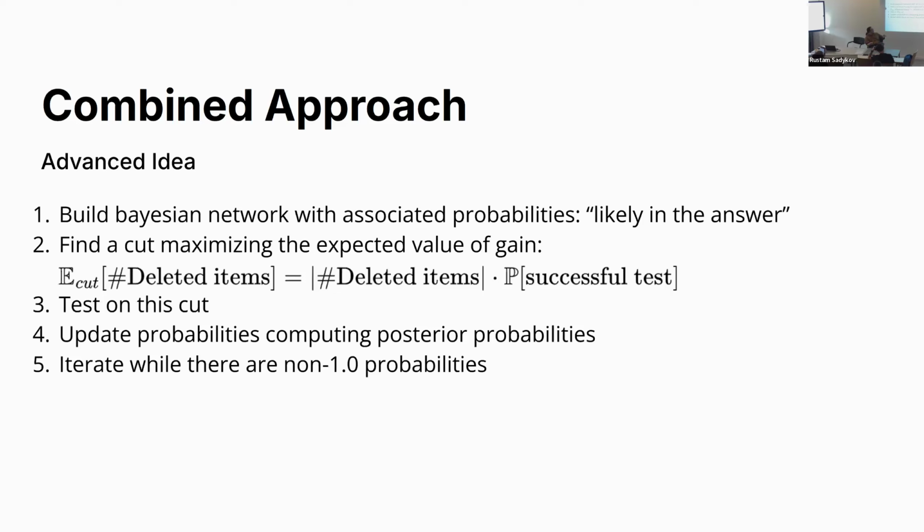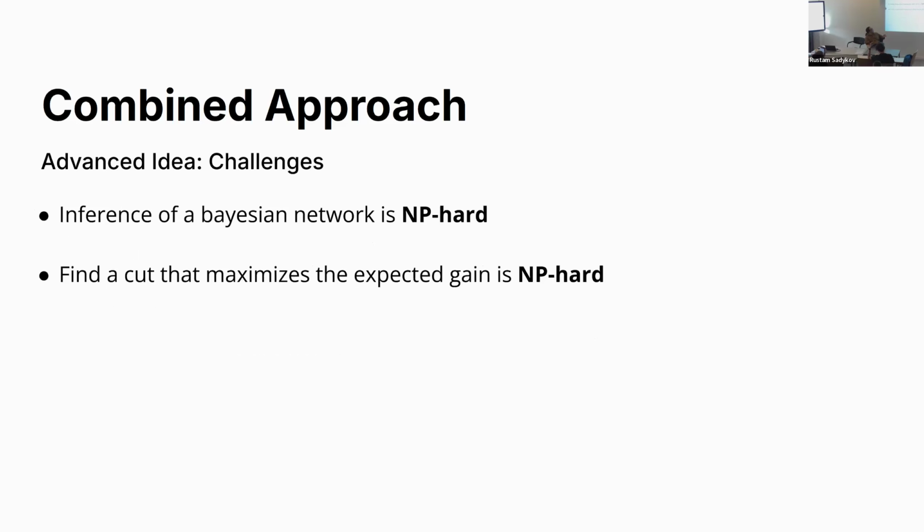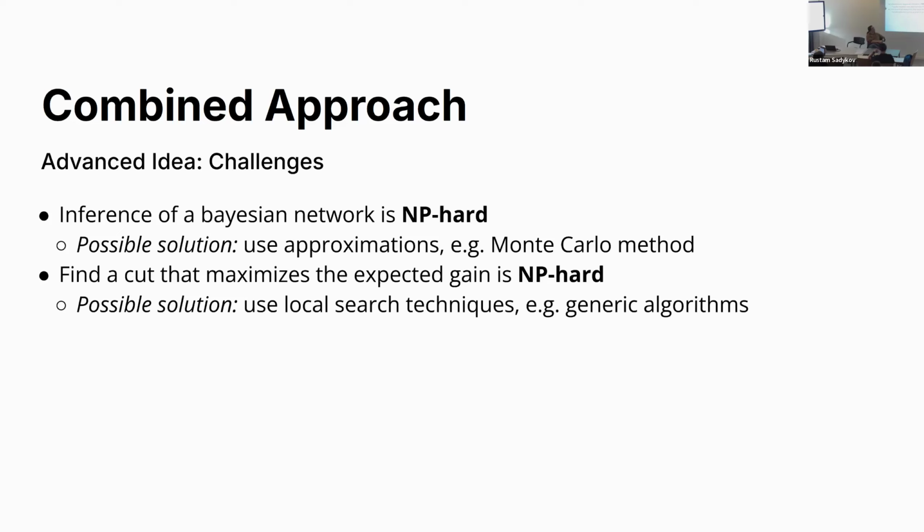And there are some problems here. For example, inference of the Bayesian network is basically NP-hard, as well as finding the cut that maximizes this metric. Of course, there are some solutions that try to solve such problems. For example, we can use some approximations, such as Monte Carlo methods.